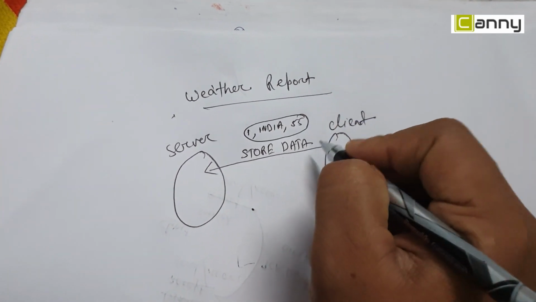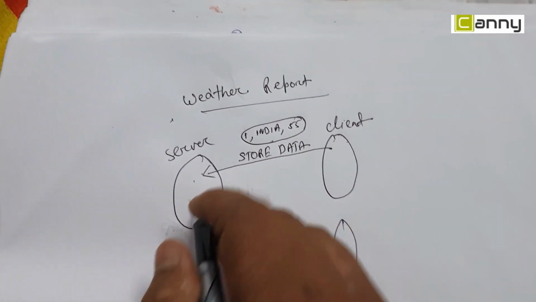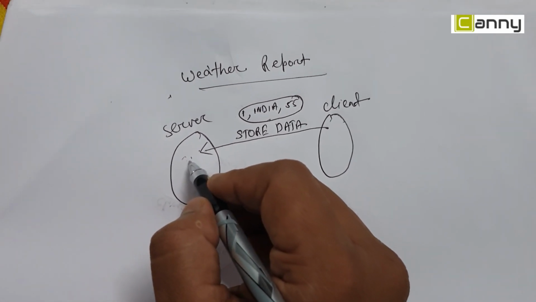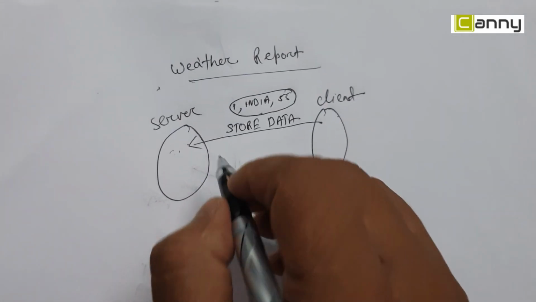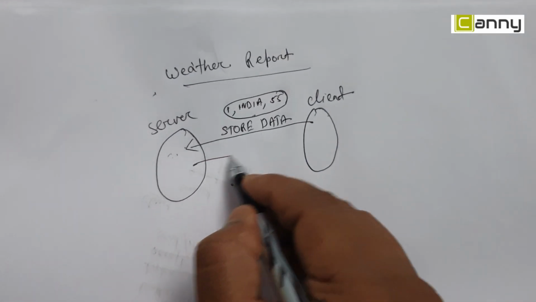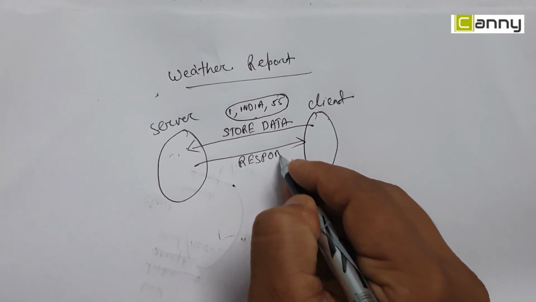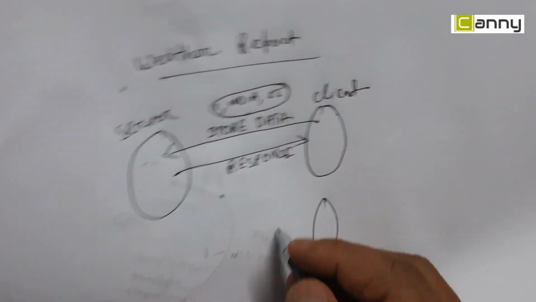This much data the client is going to send to the server, and the server is going to store it in its DB in some form, whether it is tree form, an in-memory array, or a database, whatever it is. Now the server is going to send an acknowledgement response to the client that yes, I have stored the data.